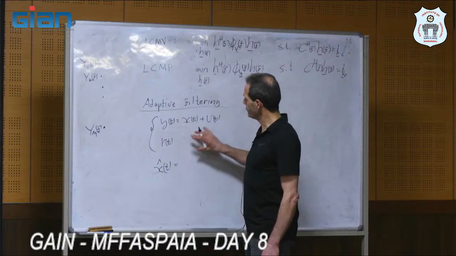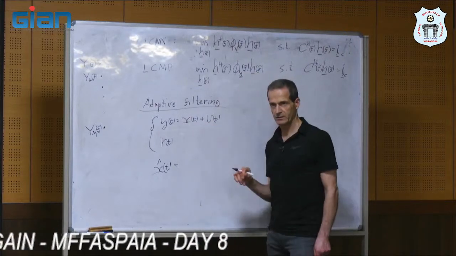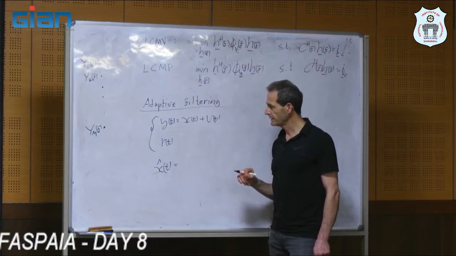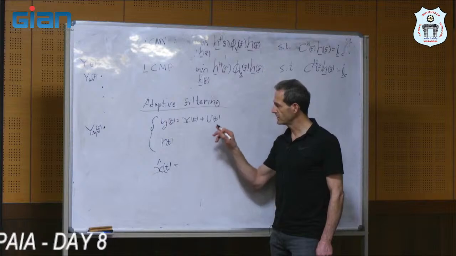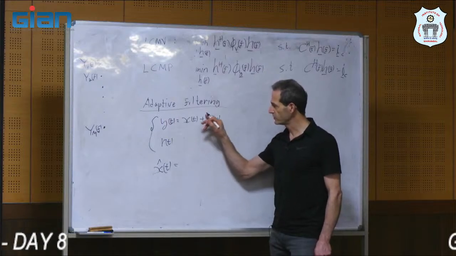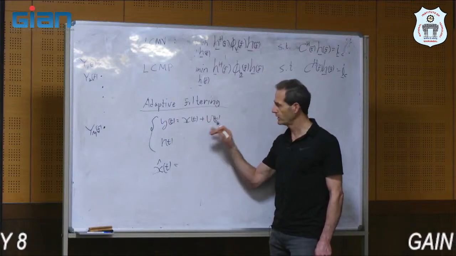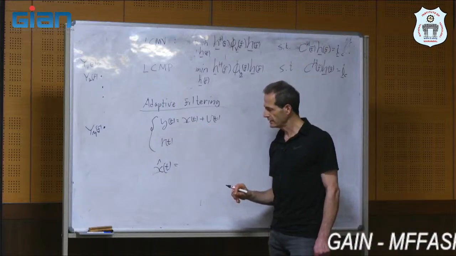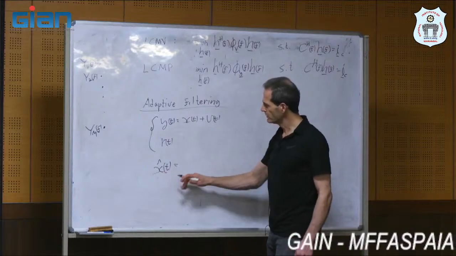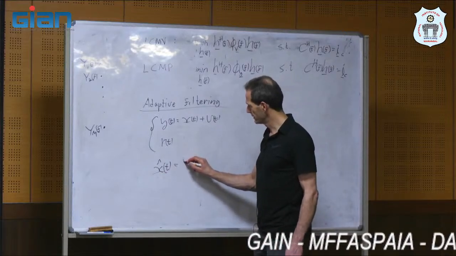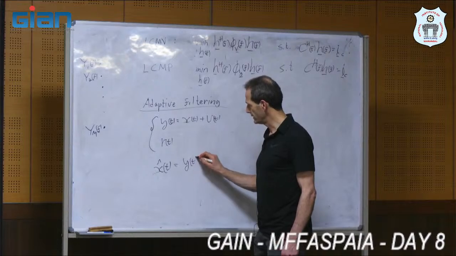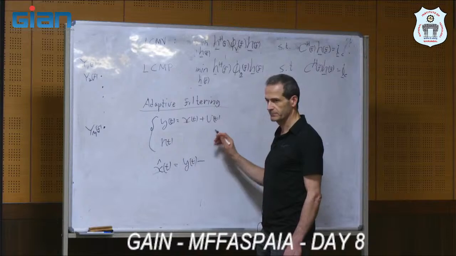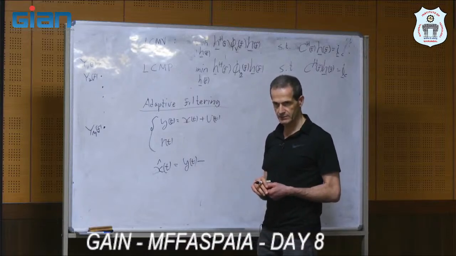So if we knew the noise, what could we do? Okay? So if we knew what is the noise, we could do something like that. We would like to estimate the noise and suppress it from the signal. Okay? So here what we can do, we take y(t) and subtract. We want to subtract the noise, but we don't know the noise.